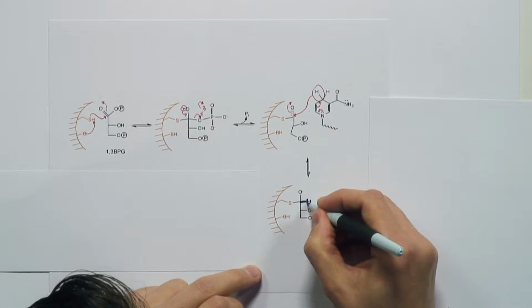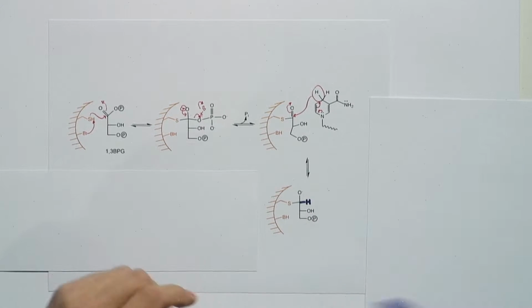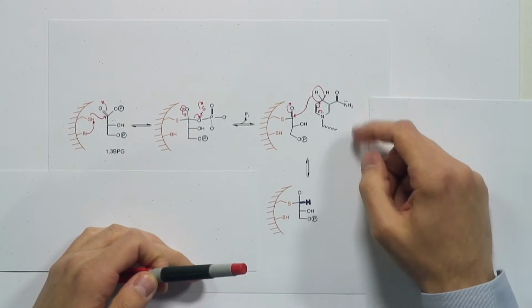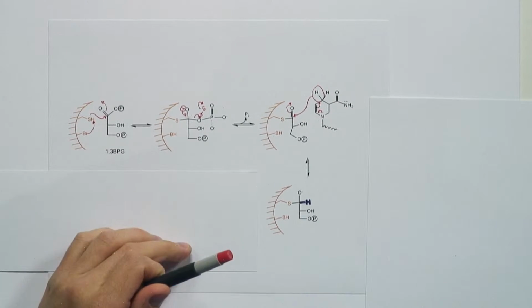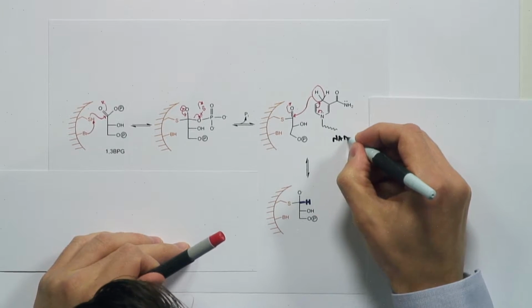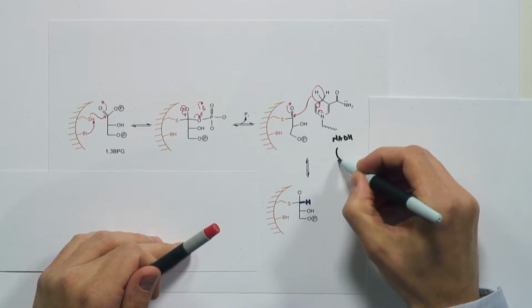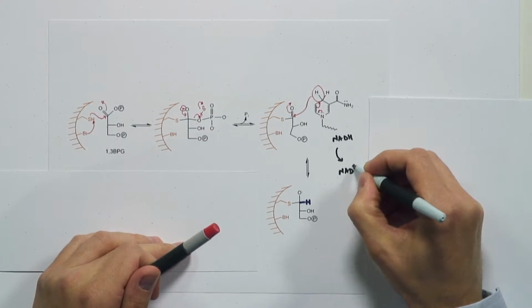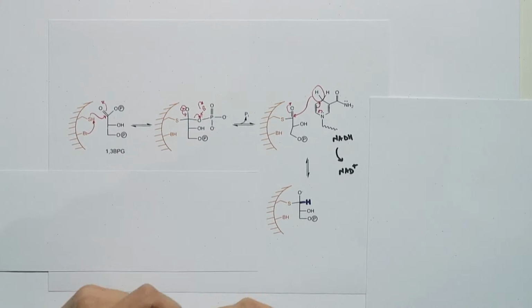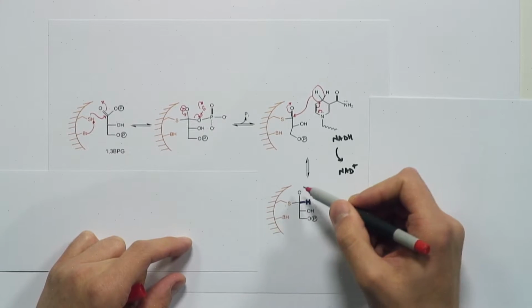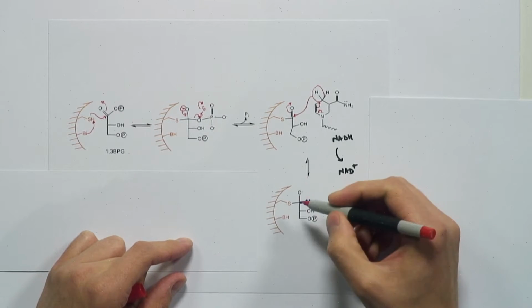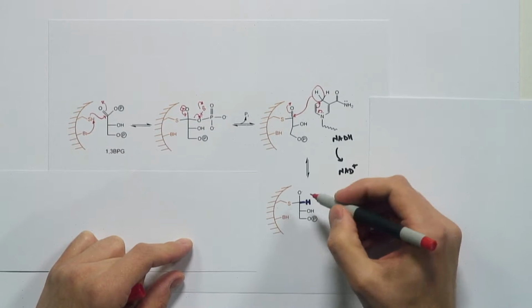Now this hydride here is the one that came from NADH, and in the process the NADH cofactor is converted to NAD+. So now we can see we're just one step away. This is now a hemiacetal-like molecule, so it's one step away from forming glyceraldehyde 3-phosphate.